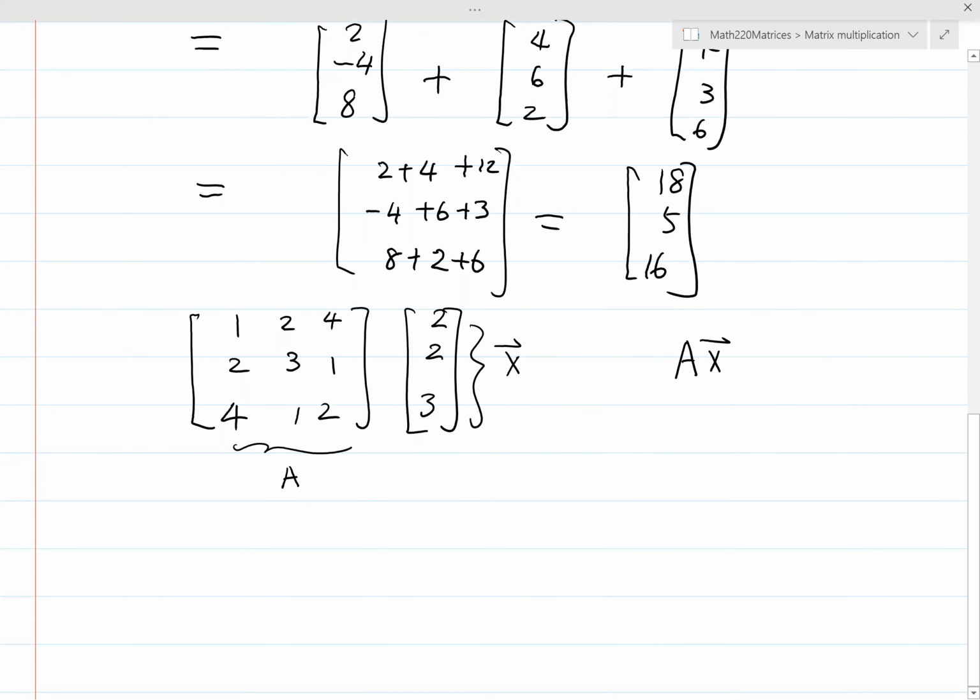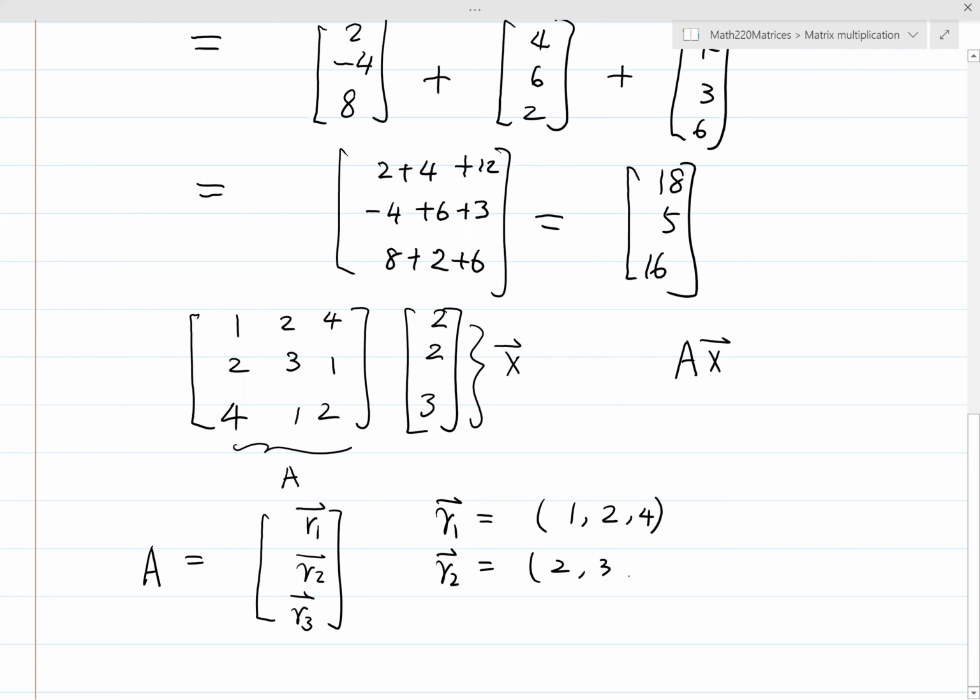Now we write A as rows. It has 3 rows: row vector R1, row vector R2, row vector R3. Here, R1 is 1, 2, 4 as a row vector. R2 is 2, 3, 1.